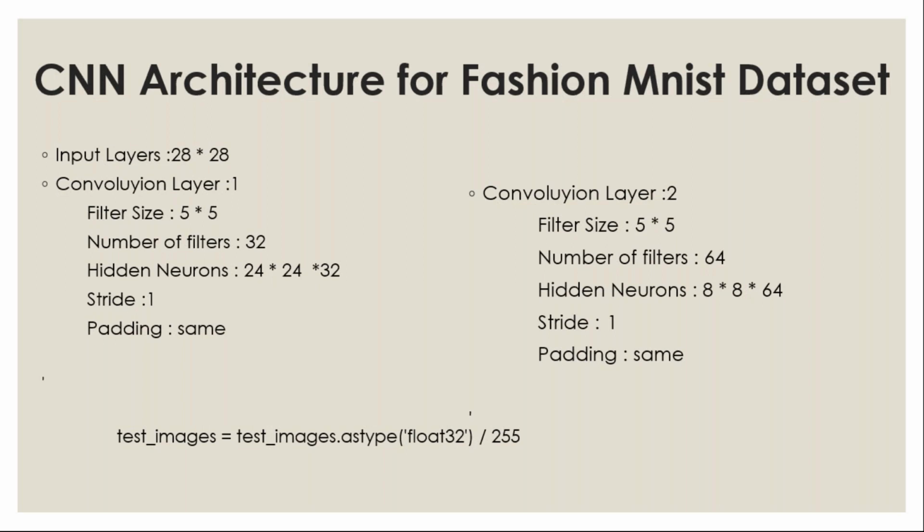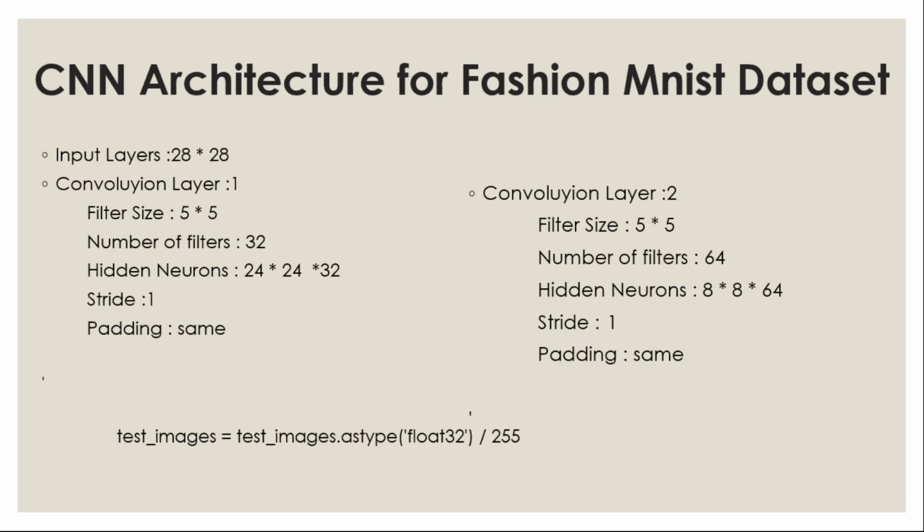How many hidden neurons? 24 into 24 for 32 filters. Okay. And stride 1, just moving one by one. And padding same. Yes, because I'm going to use a shrinking size, not the exact size of the original image, because at the end of the convolution operation you have only 1024 pixels. You are not keeping the original size. So padding is same.